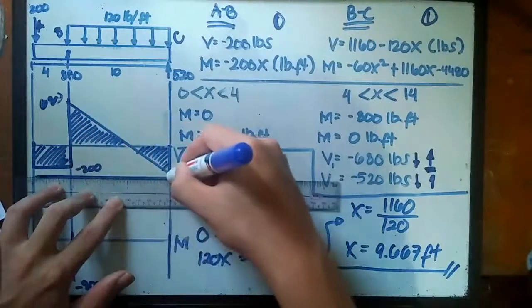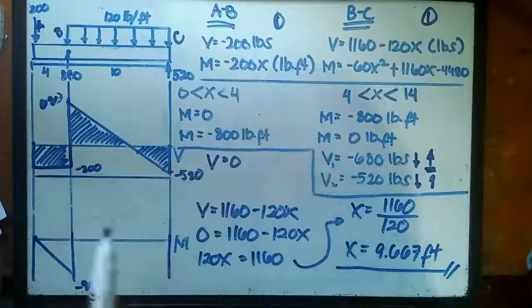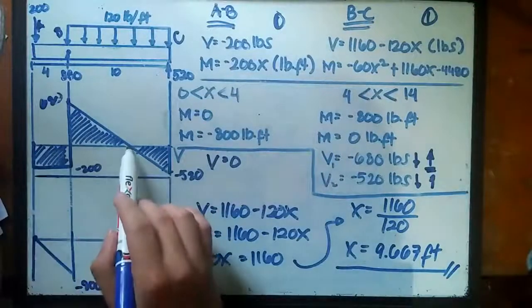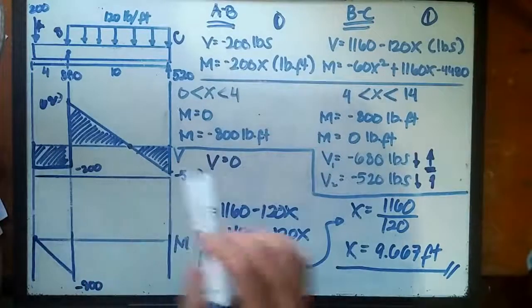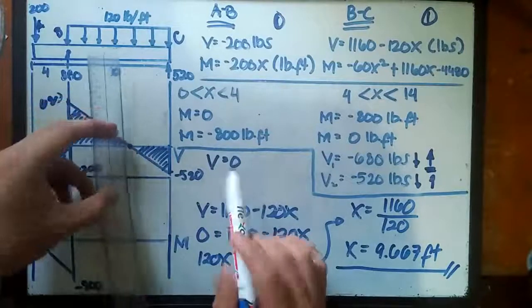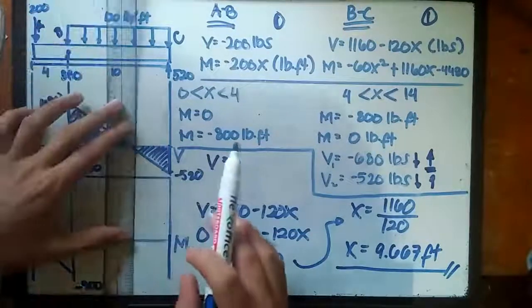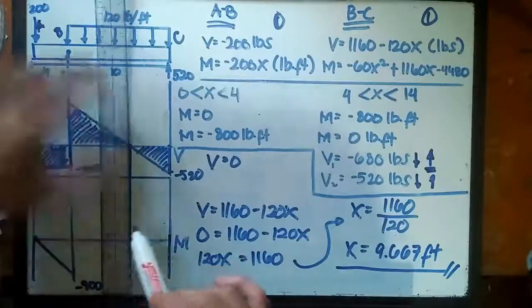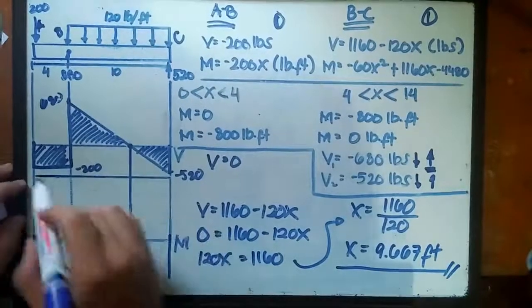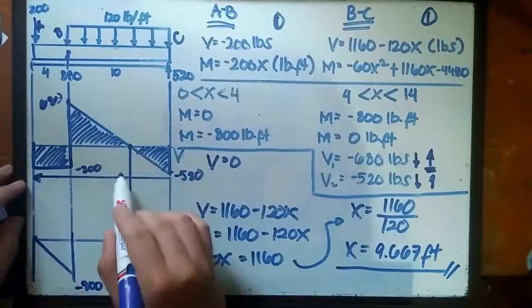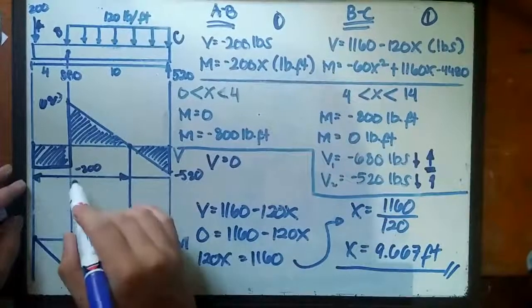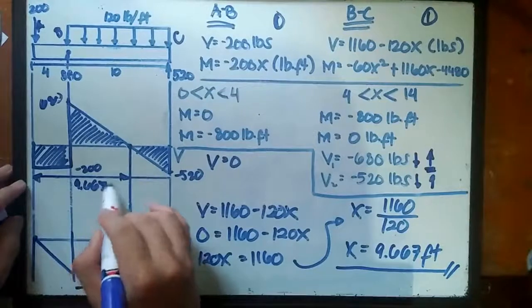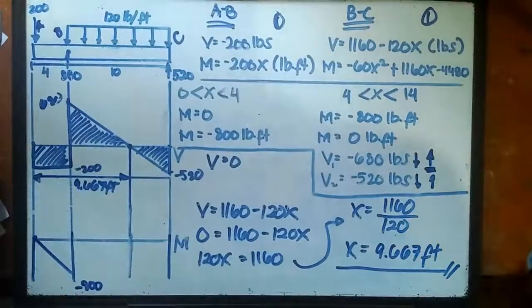Okay, let's just project this line, and at this point, that is where V is equal to 0, we can simply project that downward. Projecting that downward, just like that. So the measurement of this from point A to here should be 9.667 feet.